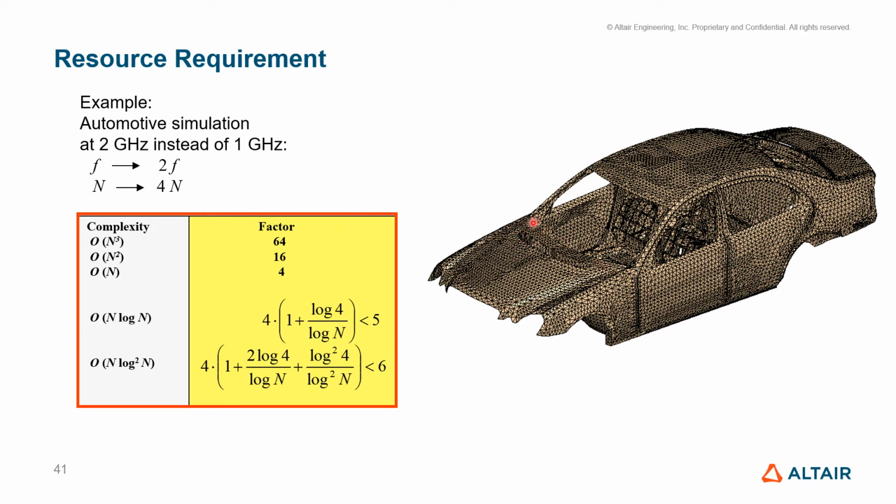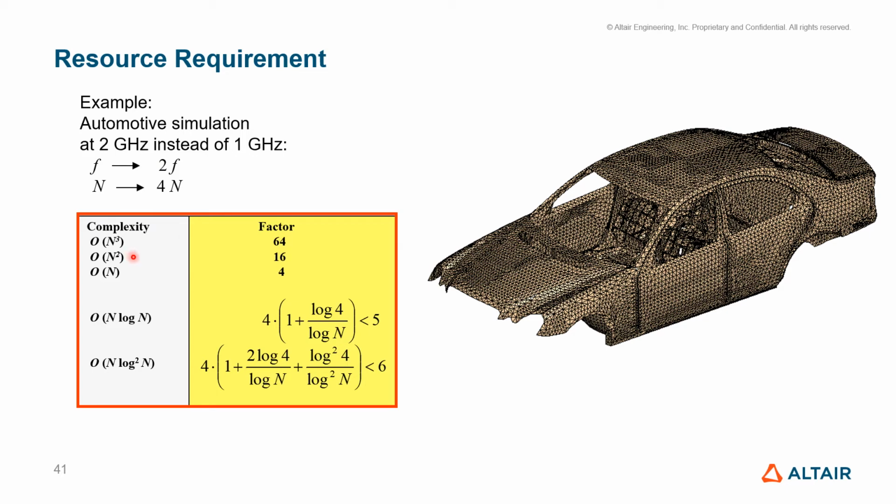You're increasing 2 times on one side, 2 times on the other side, so it becomes 4 times because it's a surface. So with order of n cubed, it means 64. That means if it took, let's say, 1 hour to solve the problem at 1 gigahertz, it will take 64 hours to solve at 2 gigahertz.